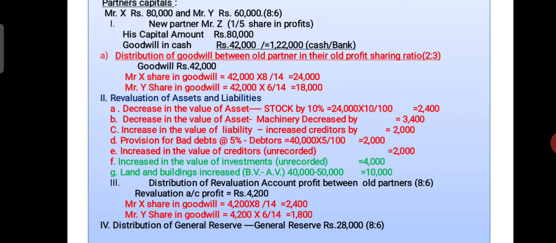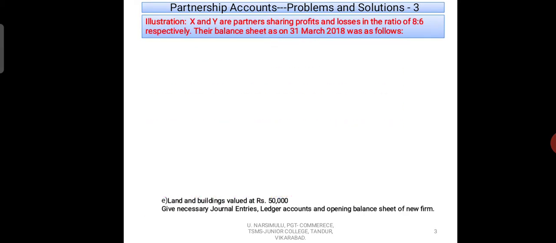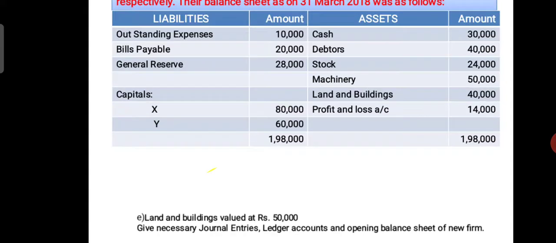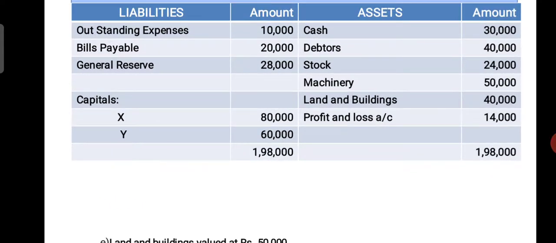So whenever you see the general reserve in the balance sheet, as here in the problem, general reserve is rupees 28,000 on the liability side, and similarly the profit and loss account 14,000.